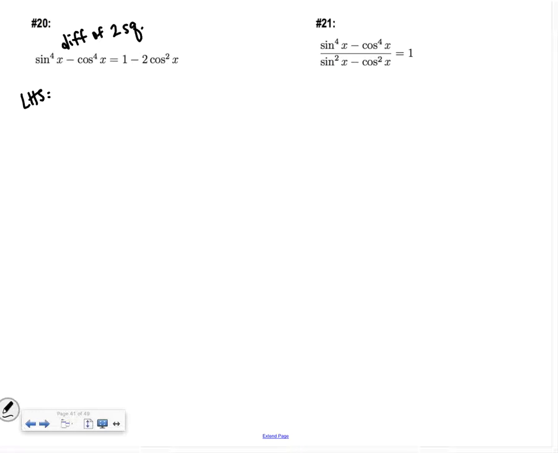So I'm going to start with my sine to the 4th x minus cosine to the 4th x. Just like if I had x to the 4th minus y to the 4th, I would factor it as x squared plus y squared times x squared minus y squared. So that's what I'm going to do here.